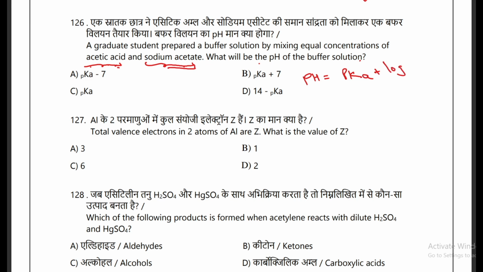So this is the concentration of anion and this is the concentration of acid. Clear? In this case, HA is your acid, which is acetic acid, and A negative is the conjugate base.